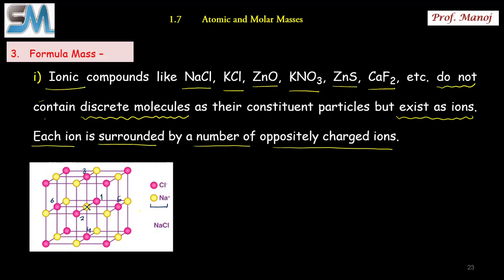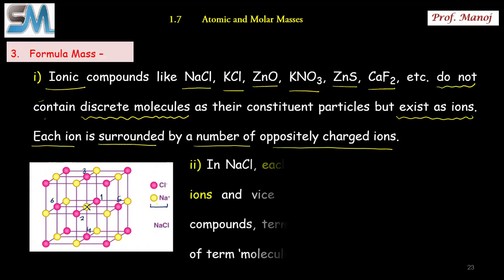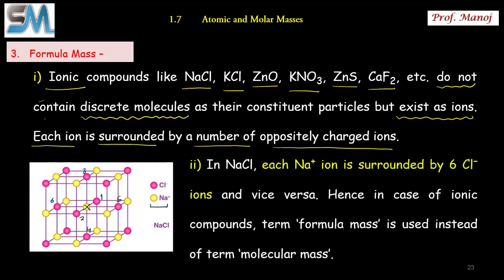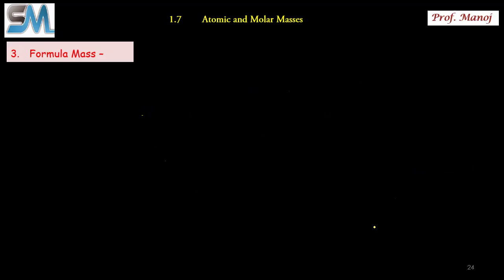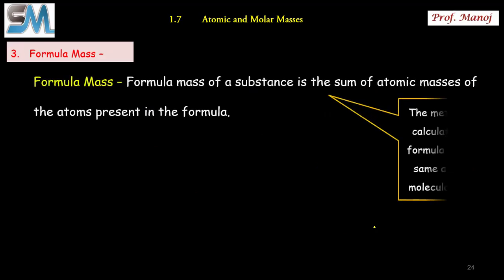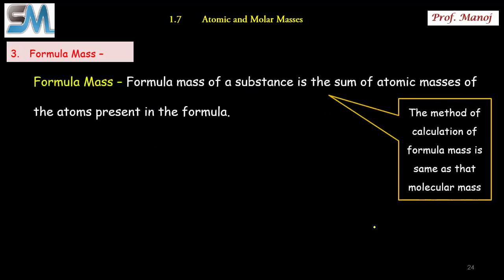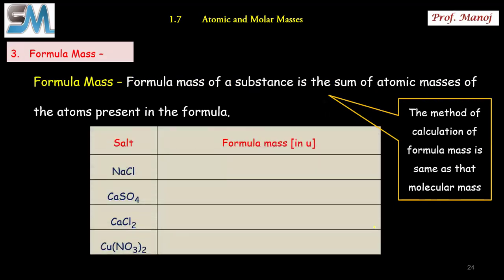If you check in a similar manner a particular chloride ion, you will see that it is also surrounded by 6 sodium ions. So in such cases, for ionic compounds especially, instead of molecular mass, they use a term called formula mass. There is no separate method of calculation. Please understand, the calculation is done in a similar way, only the term is different.